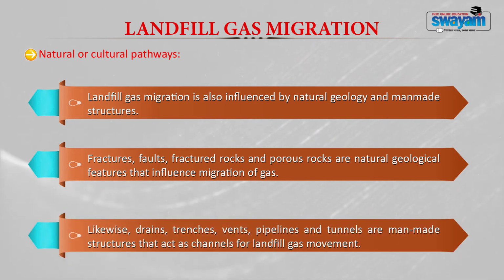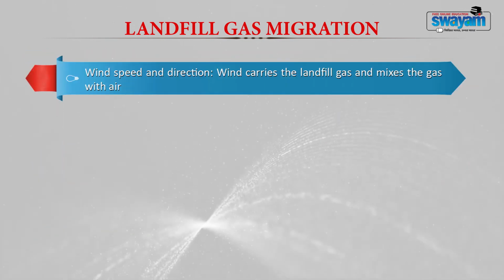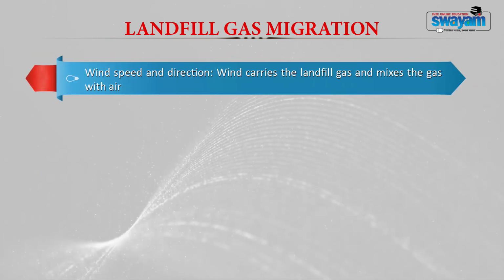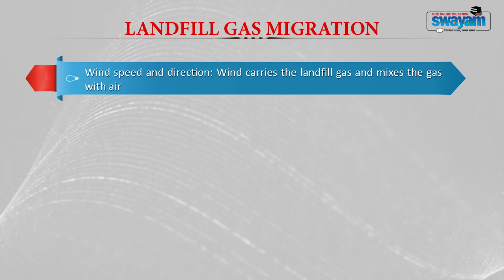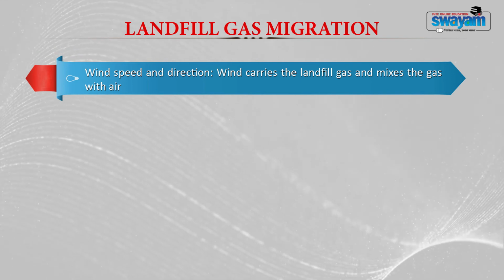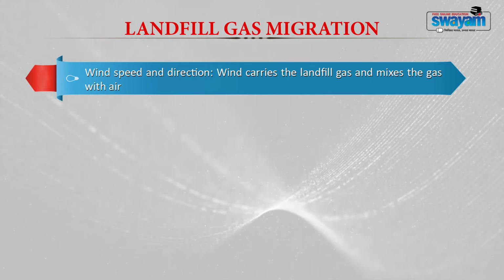Likewise, if you have any drains, trenches, vents, pipelines, tunnels, which are generally man-made structures, they will also influence your landfill gas movement. Wind speed and direction will also influence your gas migration, because wind mixes with the landfill gas and carries it from one place to another.